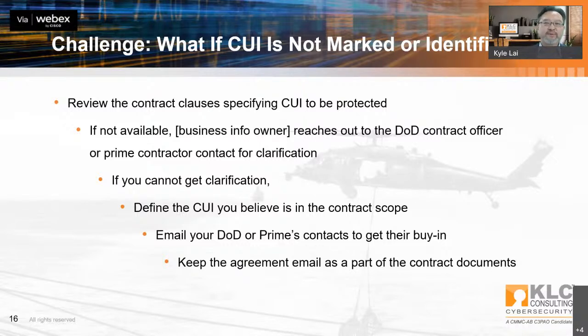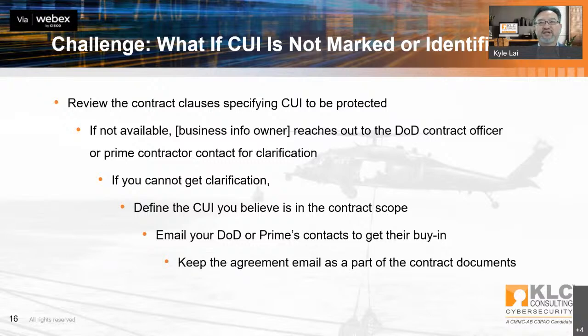Obviously, you probably want to send your DoD contract officer or your prime contractor contacts an email and say, these are the CUI that we believe should be in scope, and these are the types of CUI we think should be protected, and we are planning on protecting these types of CUI.